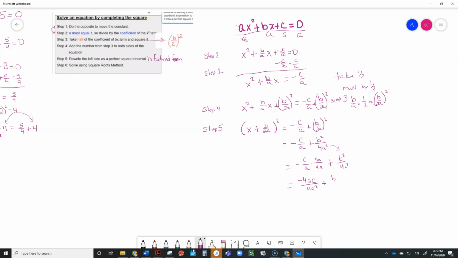Now, why did we do that? Because now we have 4a squared on the bottom right here. And now we can add the numerators, and we keep the denominator the same. So we've got this negative sign hanging out in front, which is not something that we usually like to do.